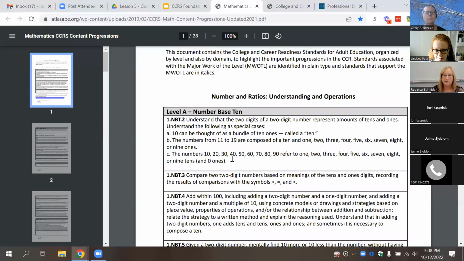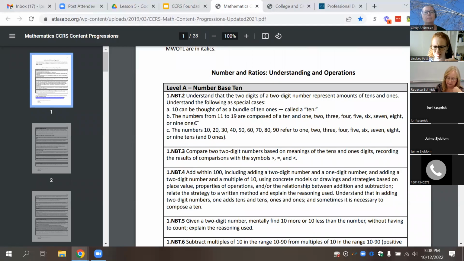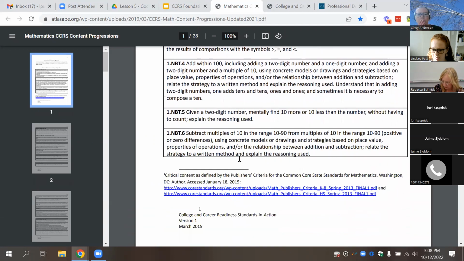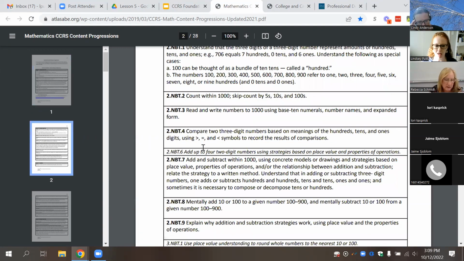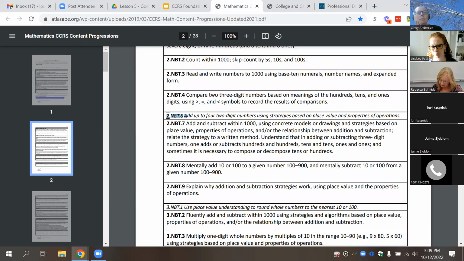So I love using this document to kind of just see what's a potential progression of understanding and content that I could teach. So these are the same standards just reorganized by topic and domain. There are also bolded standards and italicized standards.